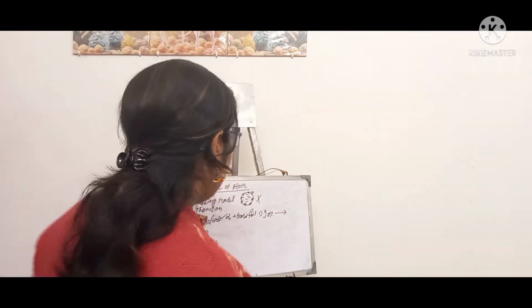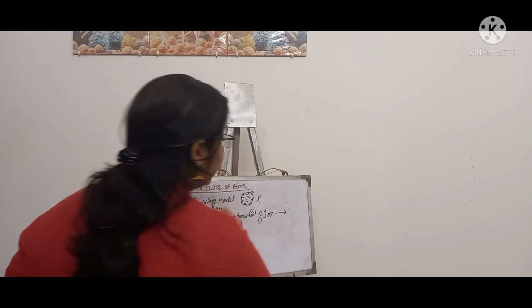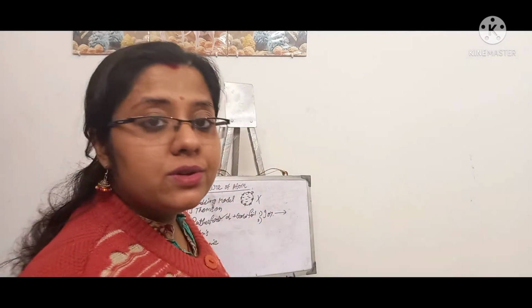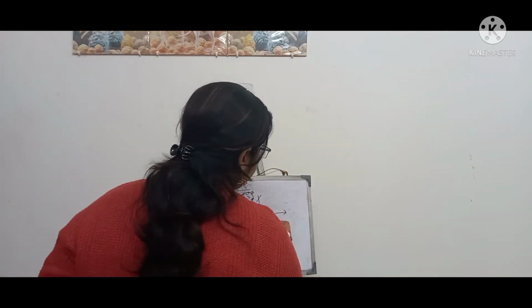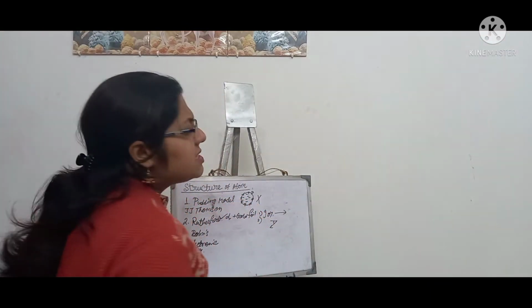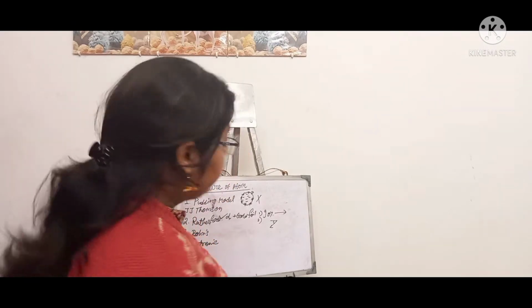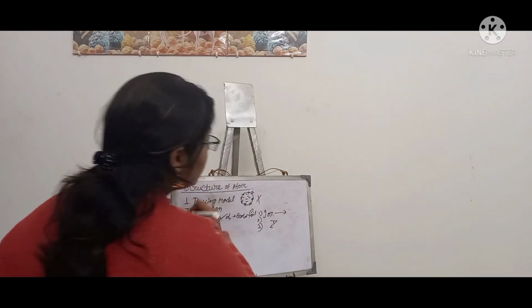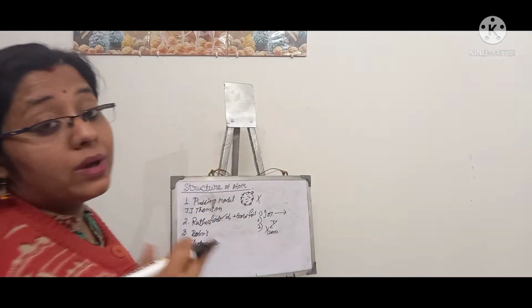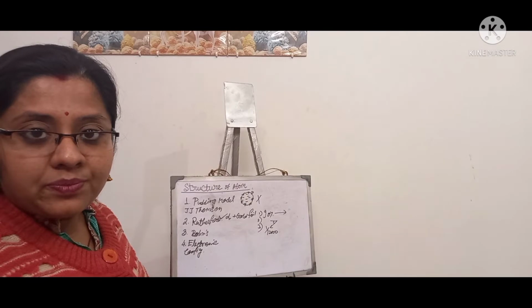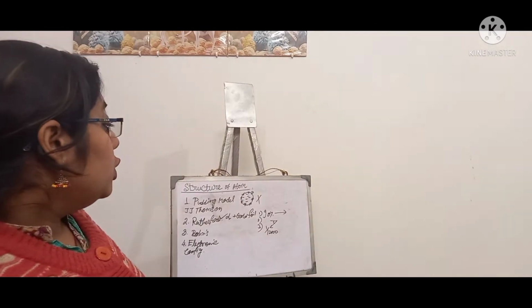Okay. Now the second observation: very few alpha particles were deflected with a small angle. Now the third observation: 1 out of 12,000 alpha particles rebounded.